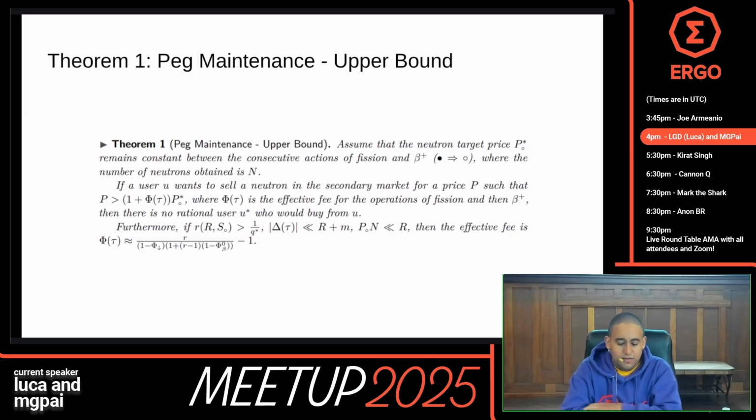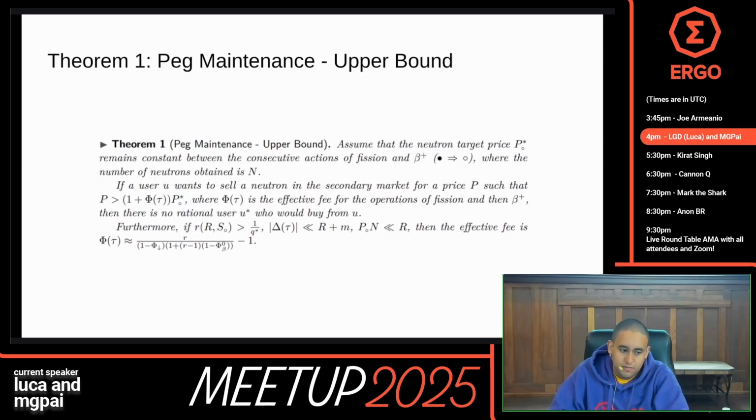And in order to derive some meaningful equation for the theorem, we just make some assumptions to make the calculations easier, so that the volume of your reaction isn't large, for example.